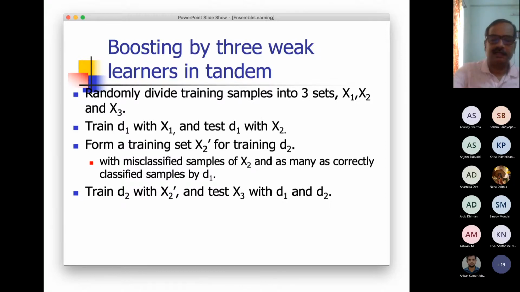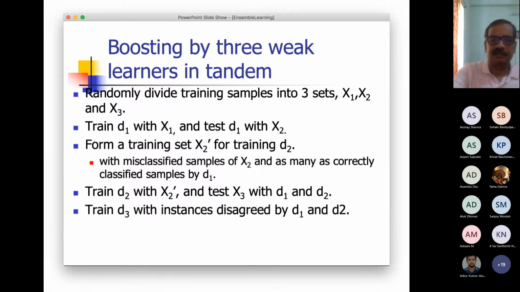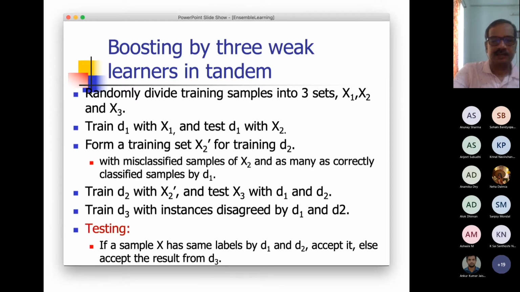If there is agreement, then you know it is consistent. Otherwise, you form a training set for the third classifier D3 from the samples on which D1 and D2 do not agree. You should see that in this case you are not checking whether they are correctly classified or not, only whether they agree or disagree. Agreement may also lead to incorrect classification, you should note that, but we are accepting it.